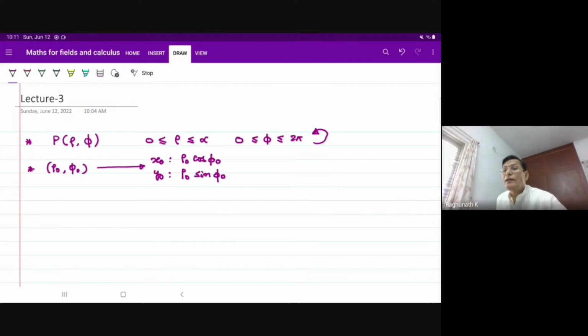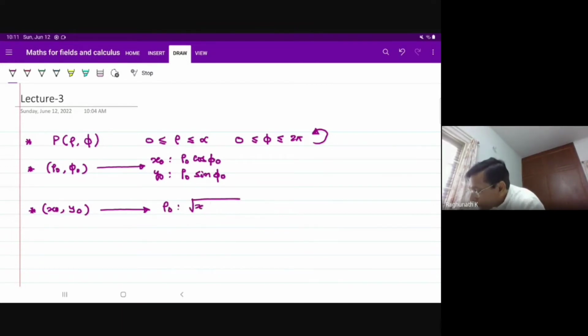So given the coordinates of the point in the circular coordinate system, we can determine the coordinates of the same point in the Cartesian coordinate system, and we saw this. Given x naught, y naught as the coordinates of the point, rho naught is root of x naught square plus y naught square. That can be seen from these two equations above itself.